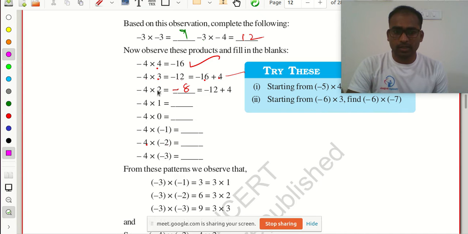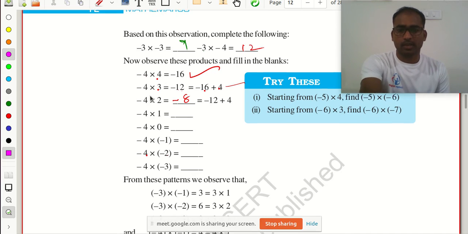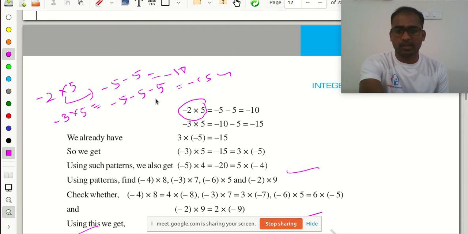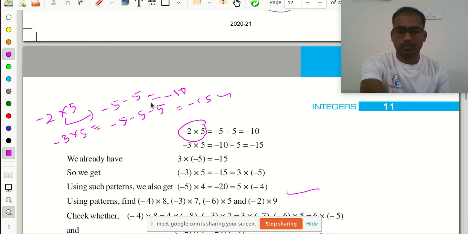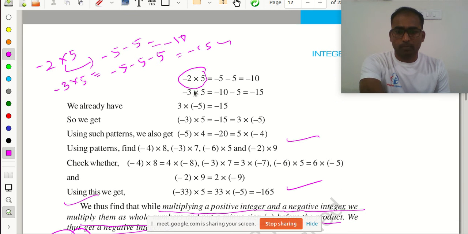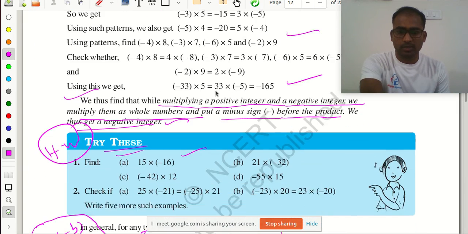Everyone can tell the answer, but see in the previous example, minus 2 multiplied with 5 is minus 10. Okay, this is clear.